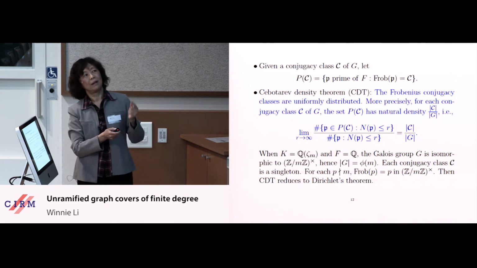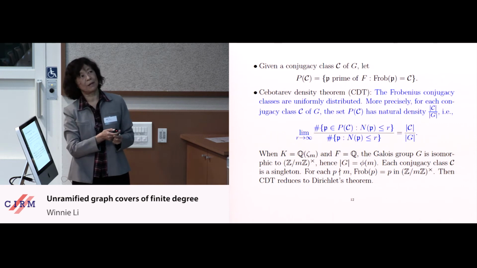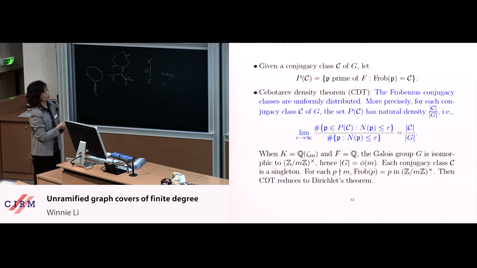In the case where the field downstairs is Q and upstairs is the cyclotomic field, the Galois group is isomorphic to the multiplicative group (Z/mZ)^×. So the size of the Galois group is phi(m). And since this group is abelian, each conjugacy class is a singleton, so its size is 1.